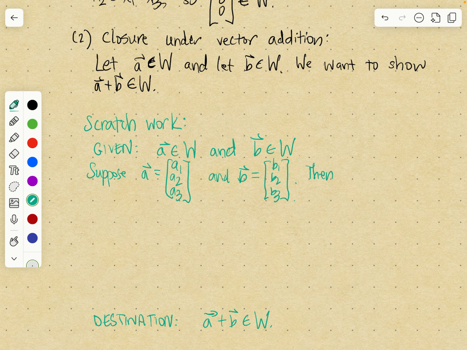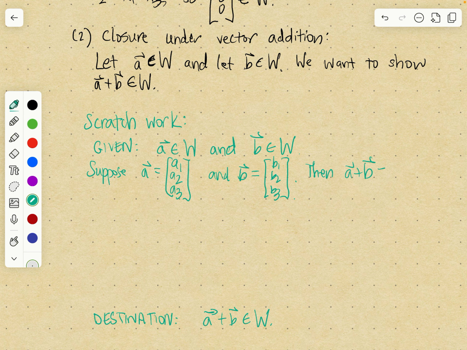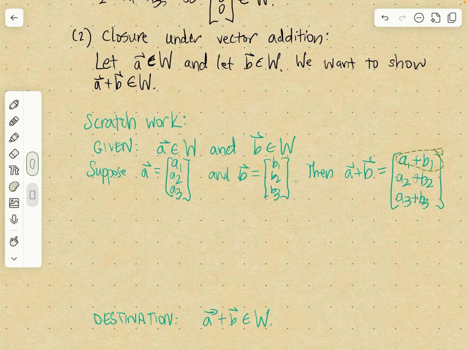Then A plus B is equal to, by definition of vector addition, A1 plus B1, A2 plus B2, A3 plus B3. So the first component is A1 plus B1, the second component is A2 plus B2, and the third component is A3 plus B3. And what it means for A plus B to be in W is that this second component is equal to the sum of the first and third components.